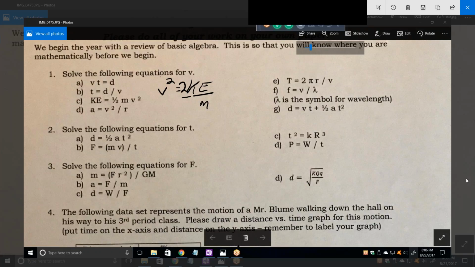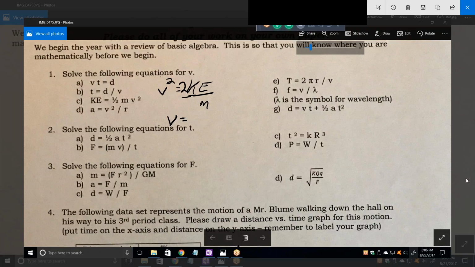Now you square root both sides. So v is equal to what? So it'd be v is equal to square root of 2KE. Well, first of all, whenever you solve an equation by taking the square root of both sides of the equation, which is what you're doing here, your answer always begins with the same 2 words.